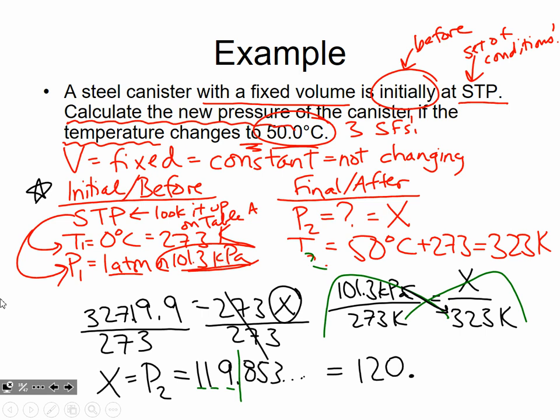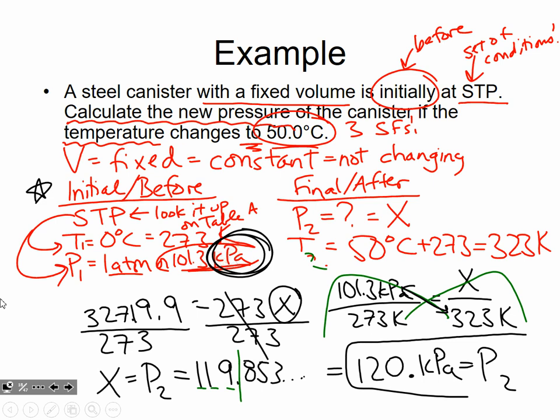That's enough to make that significant. And then what unit would it be? Well, this is pressure, right? So I go back and I look, what pressure unit did I use in my calculation? I used kilopascals. So that would be the pressure unit, and that's going to be P2. So we're going to be practicing a lot with this in class because there's a lot of different ways to do this type of calculation, but that's just one example.